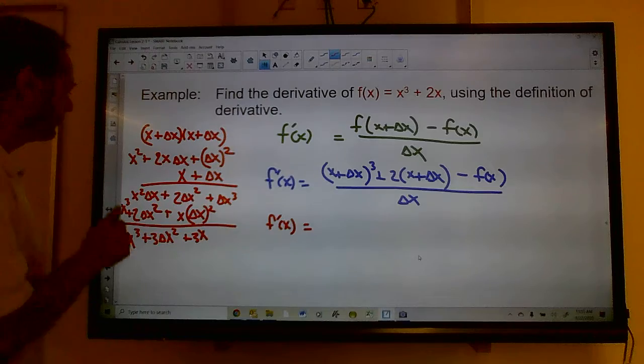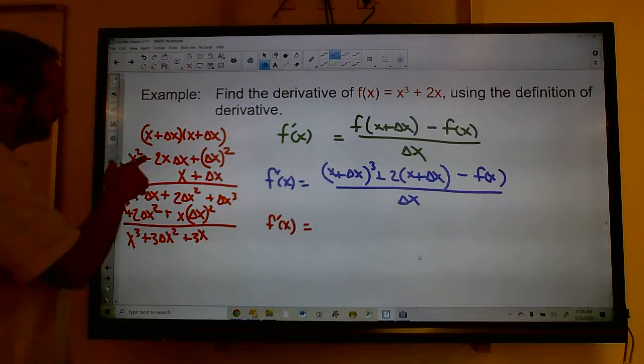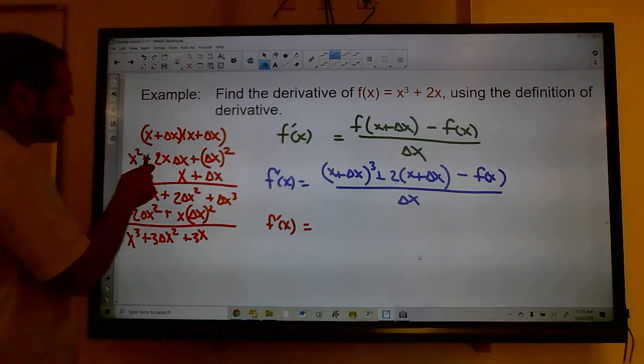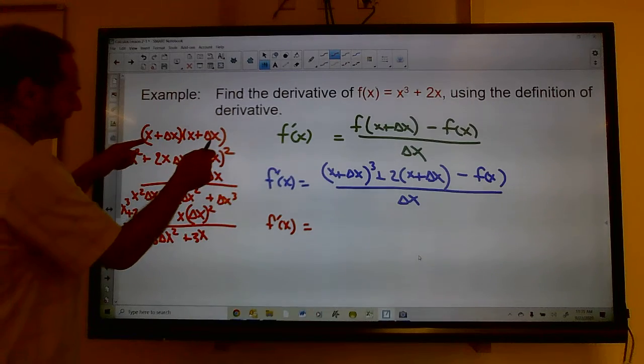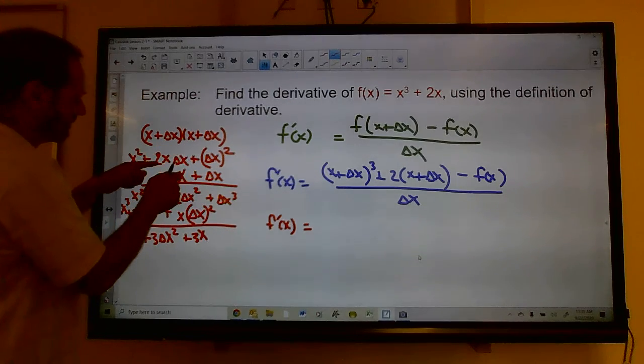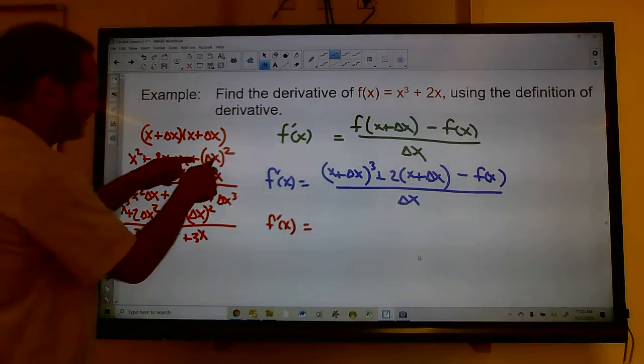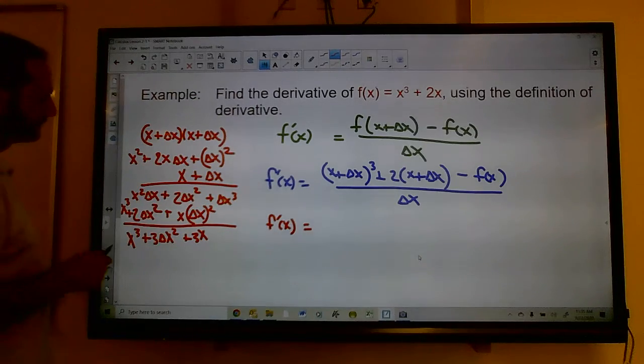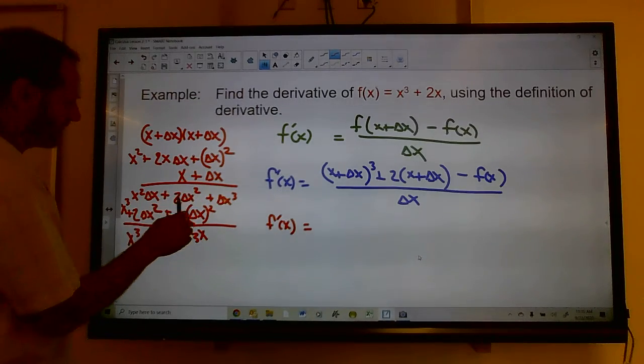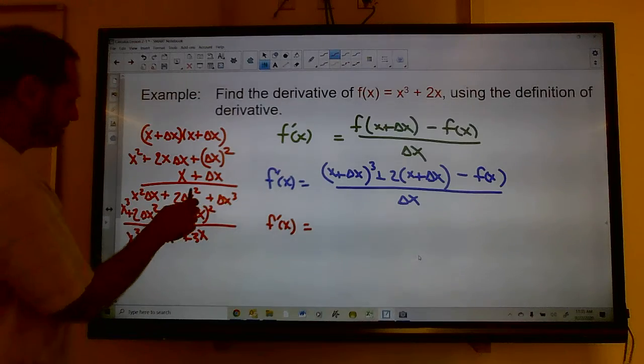I ran into a little problem here because I didn't FOIL this right. So let's go back and relook at this. We got x times x is x squared. This is x delta x, and x delta x makes 2x delta x squared. And then times x delta x. So this is delta x cubed.